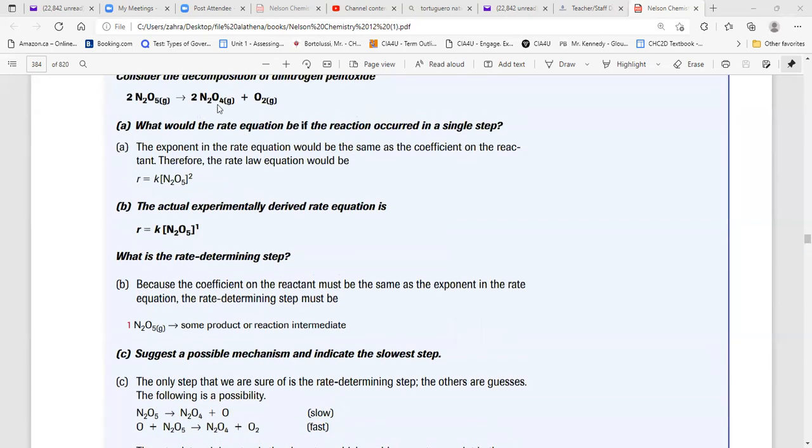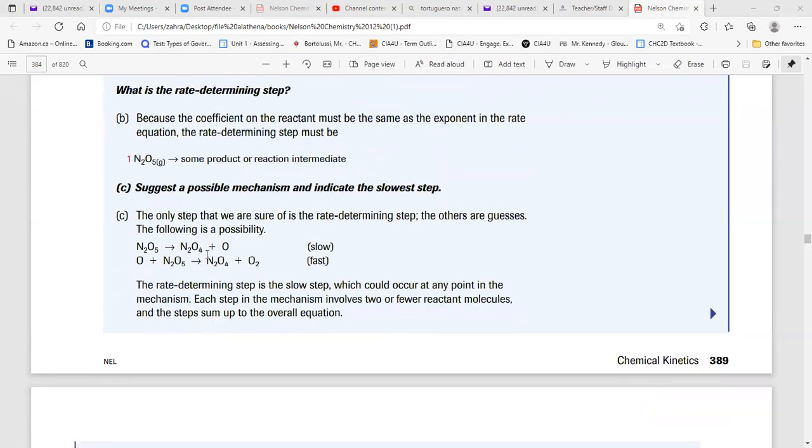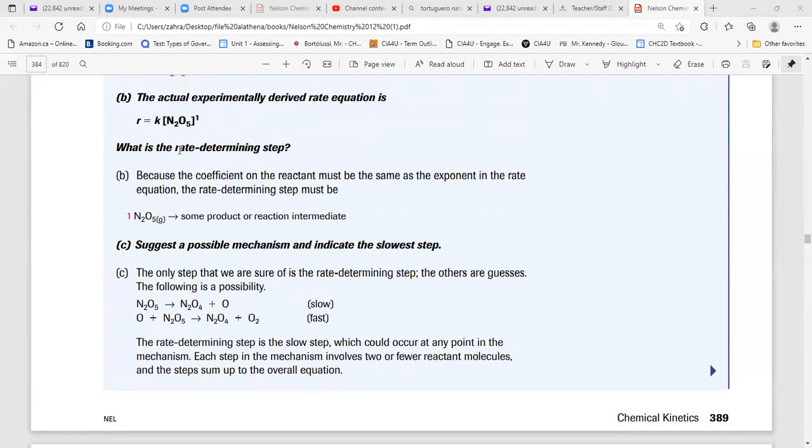Make sure you have N2O4 here, 2 of them. When you add them, you get the target. This one is fast and the first is slow, because it only depends on N2O5 here.